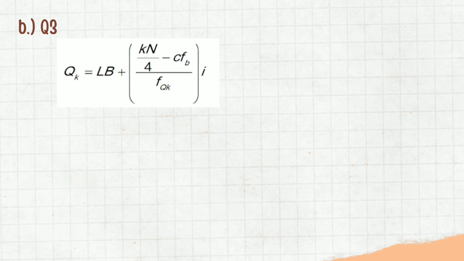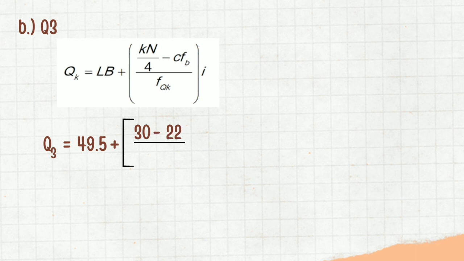So we will have to substitute it to the formula, which is Q3 is equal to 49.5 plus the quantity of kN over 4, which is 30, minus the cumulative frequency, which is 22, over the frequency, which is 8, times 10. Let's use again the calculator.